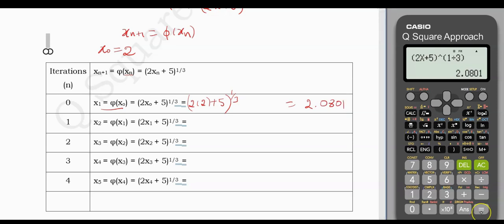In the second approximation, x2 is equal to phi of x1, which is equal to (2x1 plus 5) whole power 1 by 3.